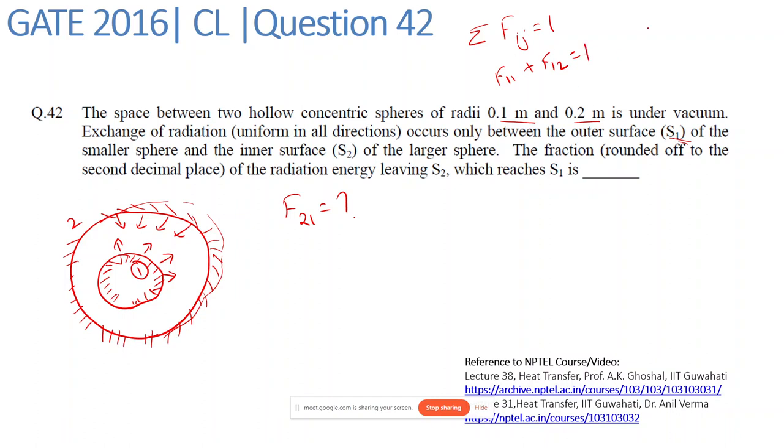Then there is the reciprocity theorem, which gives us A1 F12 is equal to A2 F21.